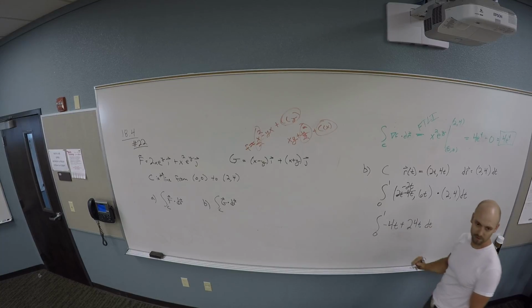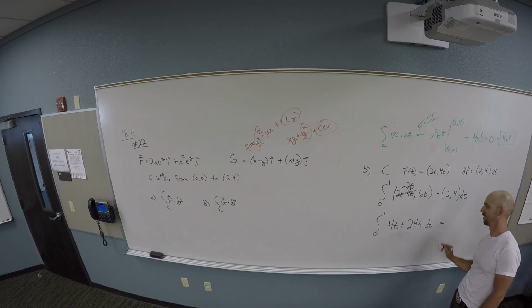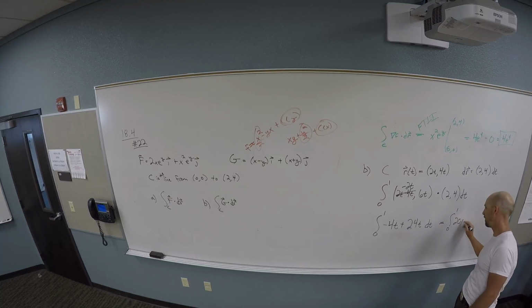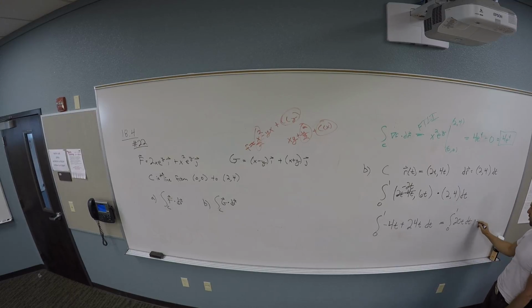I dropped a minus sign, so I got the integral from 0 to 1 of 20t dt, which gives you 10t². Evaluated from 0 to 1, that's 10. So there's the answer for part B.